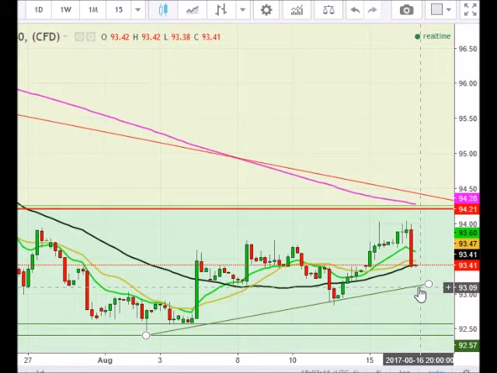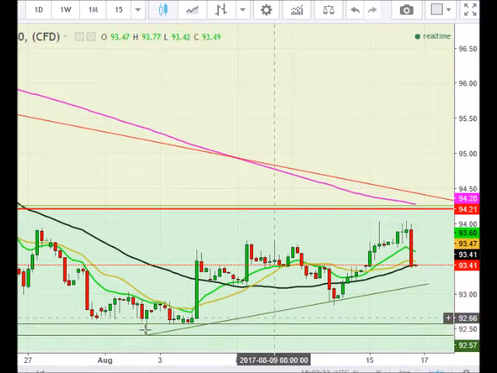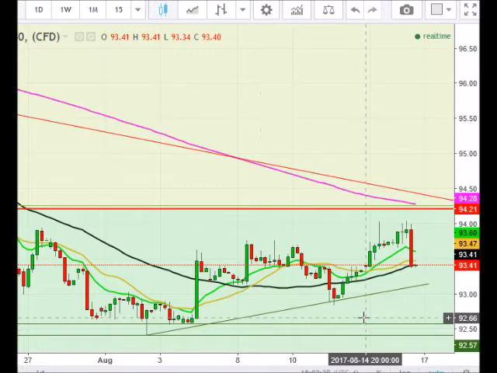I wish I could forecast what'll happen, but at this point in time, I'm definitely seeing more selling pressure for the US dollar, with the potential to test the lows here. First would be the 92.60 level, and then further still to the bottom of this candle right here. So I'll move my mouse out of the way a little bit so you can see that.